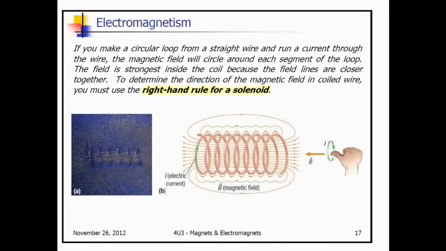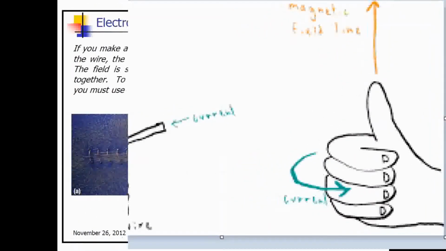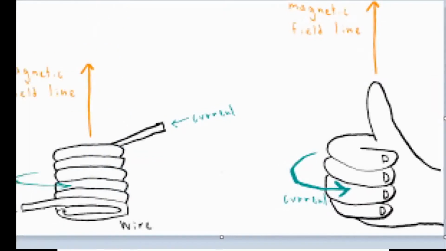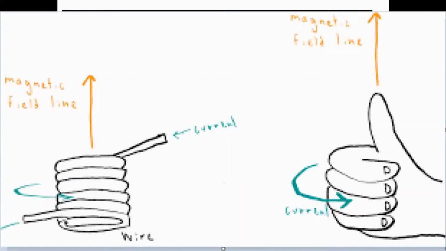So this is the image for that. I'm going to give you one that I think is a slightly better image. Just let me get it on camera here. So this was drawn by somebody else, but it's actually pretty good.